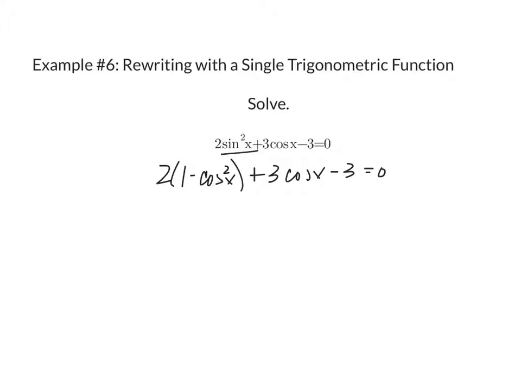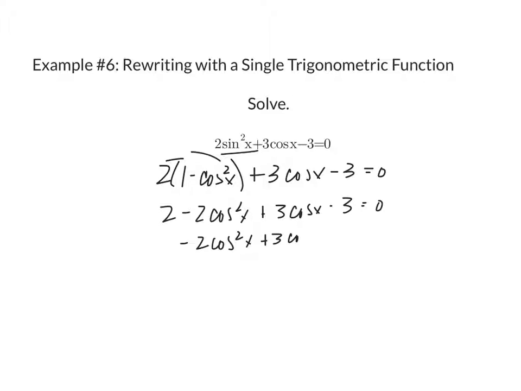So then, if I distribute my 2, that becomes 2 minus 2 cosine squared x plus 3 cosine x minus 3 equal to 0. If we combine like terms, that would give me negative 2 cosine squared x plus 3 cosine x minus 1 equal to 0. And I got minus 1 because I combined positive 2 and negative 3 to give me negative 1.